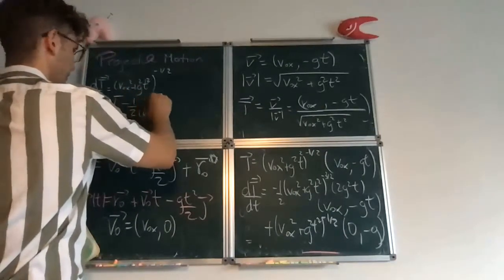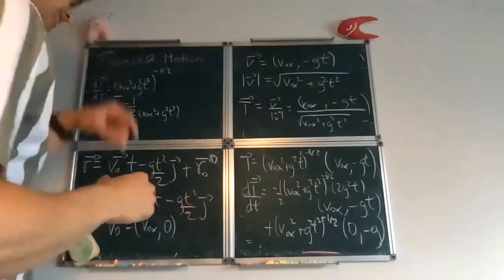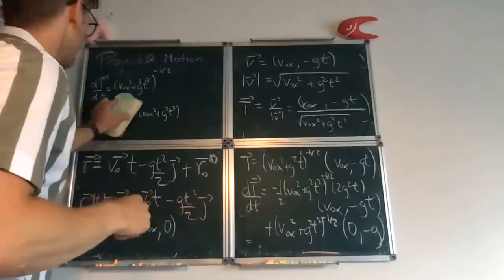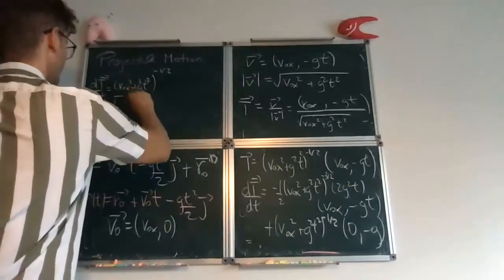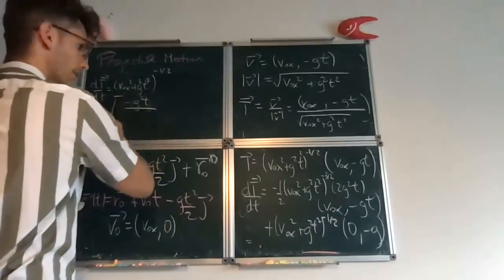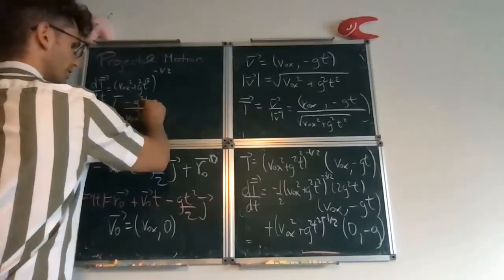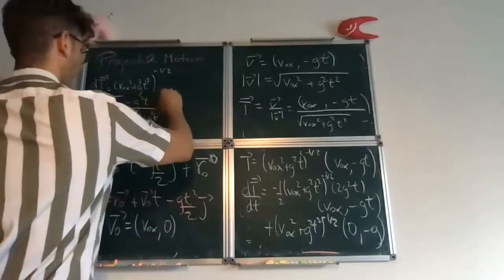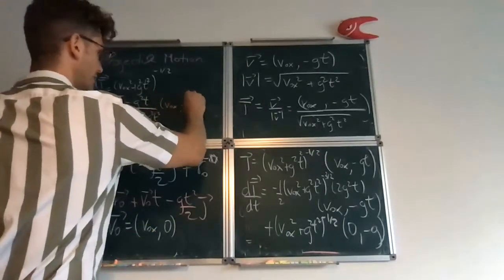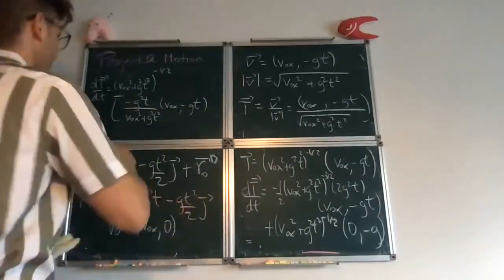If you do factorize this power, you get minus 1/2 of (v0x squared plus g squared t squared), and then there's a 2 that got cancelled here, so you get minus g squared t over (v0x squared plus g squared t squared) times (v0x, minus gt), and then plus (0, negative g).